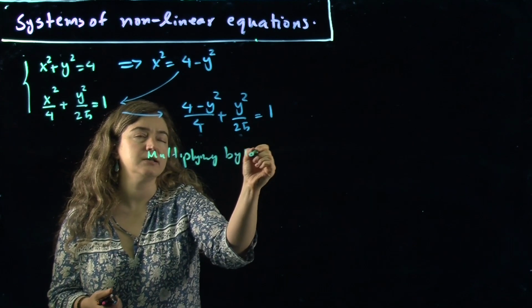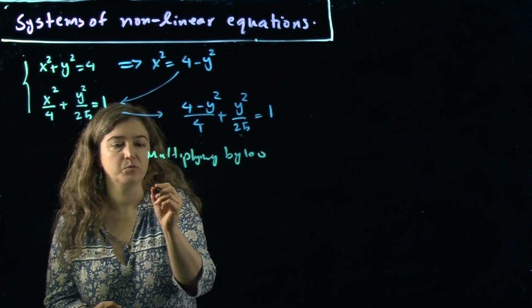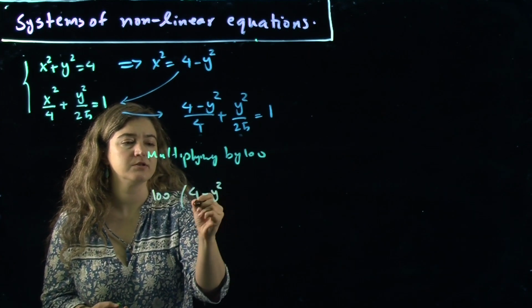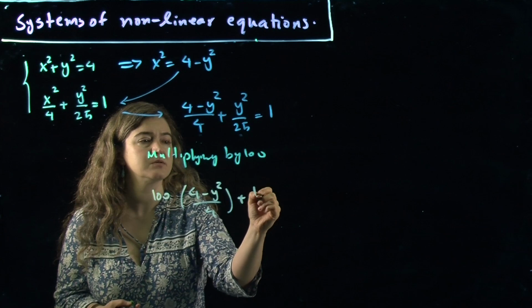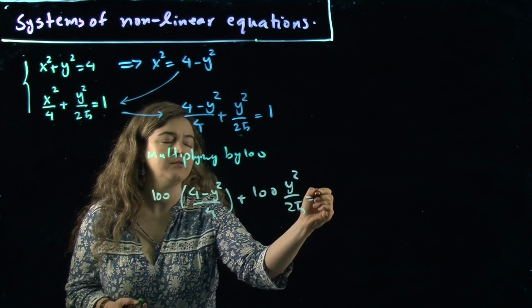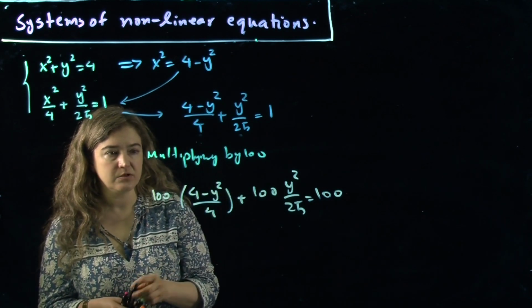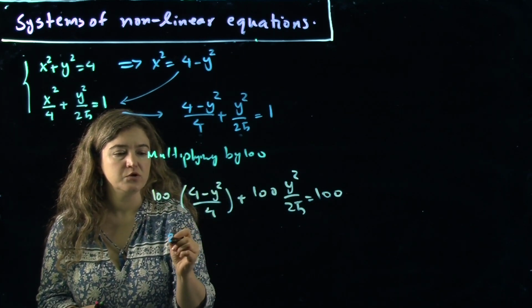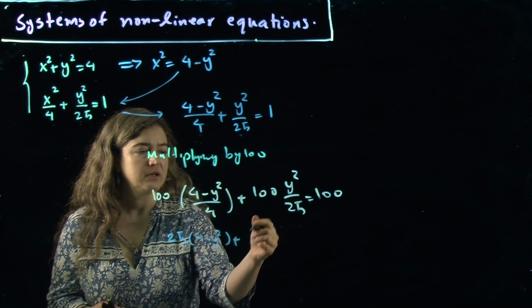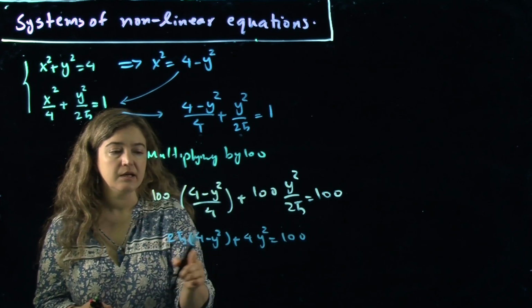by 100. And so what happens is 100 times (4 minus y squared)/4 plus 100 times y squared/25 equal to 100. These two simplify and we end up with 25 times (4 minus y squared) plus 4y squared equal to 100.